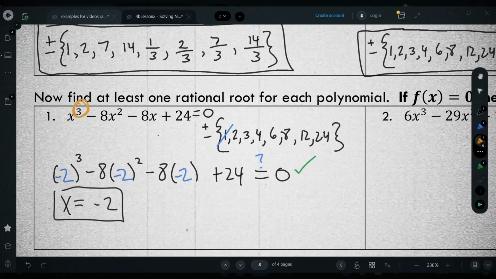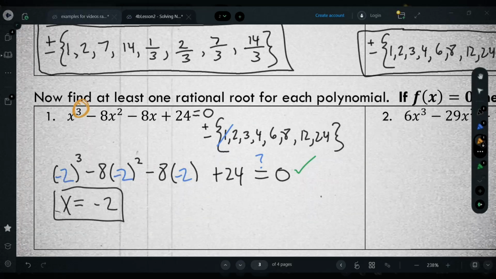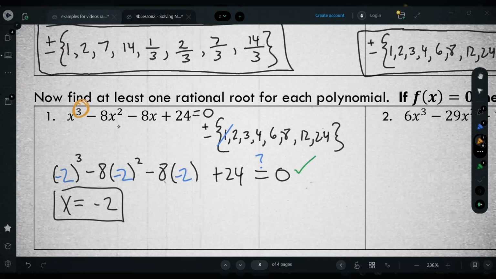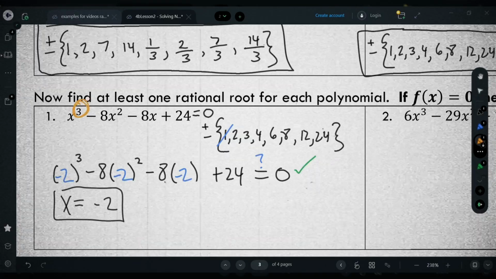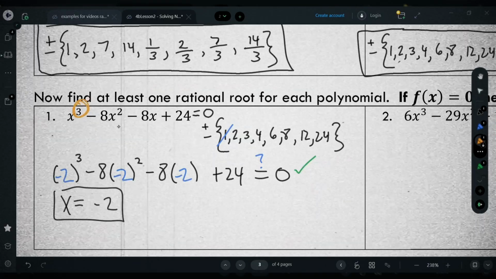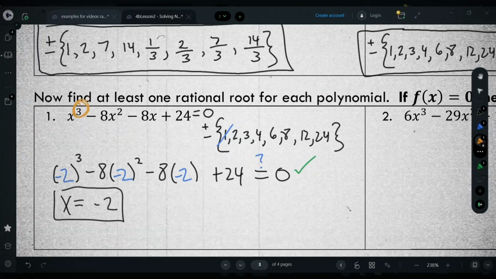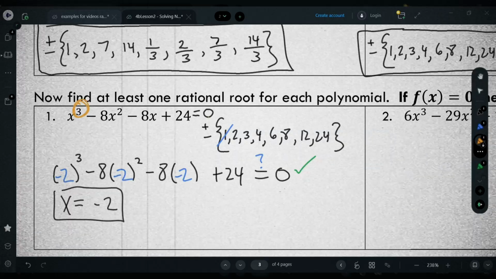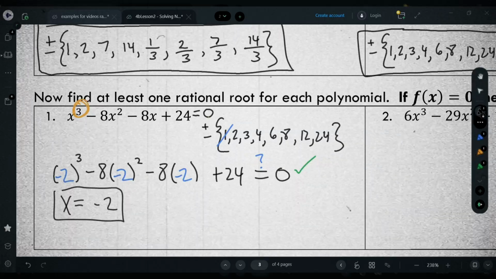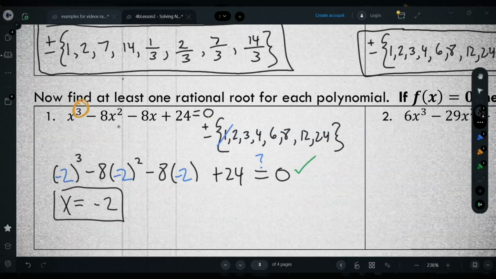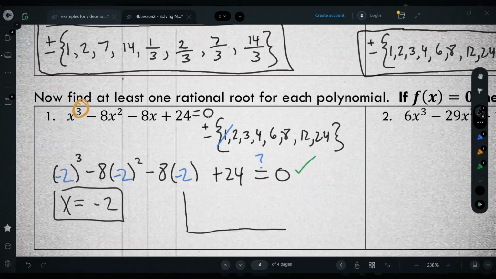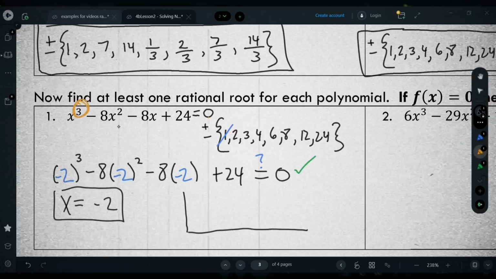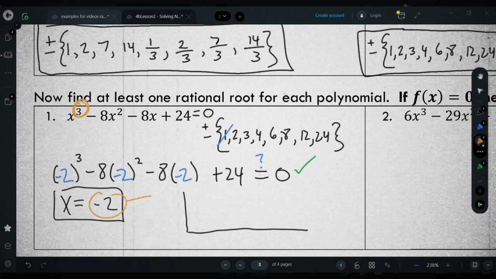To be sure you can find the two remaining solutions, you do synthetic division using -2 and these coefficients. I'll just set it up for you. I'm not going to solve it because this problem doesn't ask to find all solutions. I'm doing some extra, but just so you see, this -2 goes here.